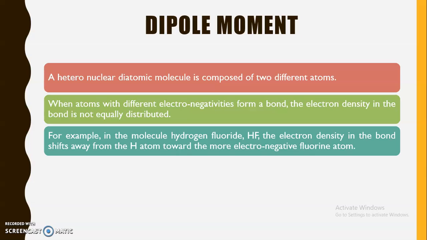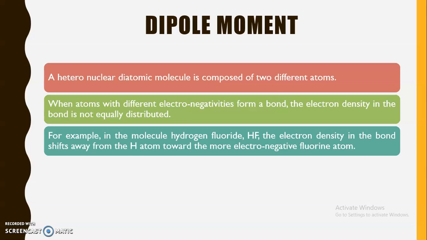Now here we can consider the example. In the molecule of hydrogen fluoride, that is HF, the electron density in the bond shifts away from the H atom towards the more electronegative fluorine atom. In a single covalent bond, the more electronegative atom will always attract the electron pair towards itself.